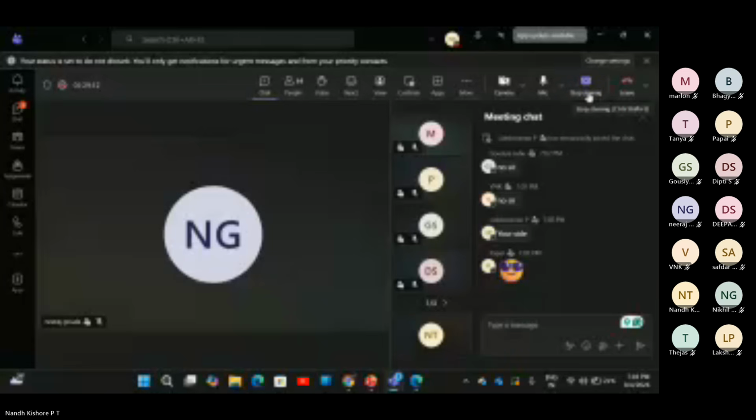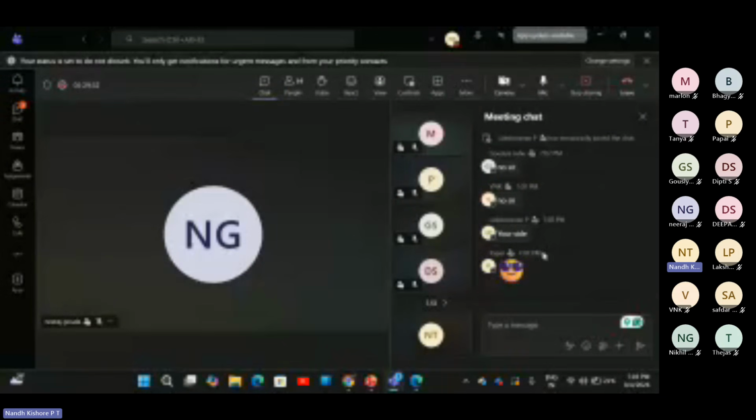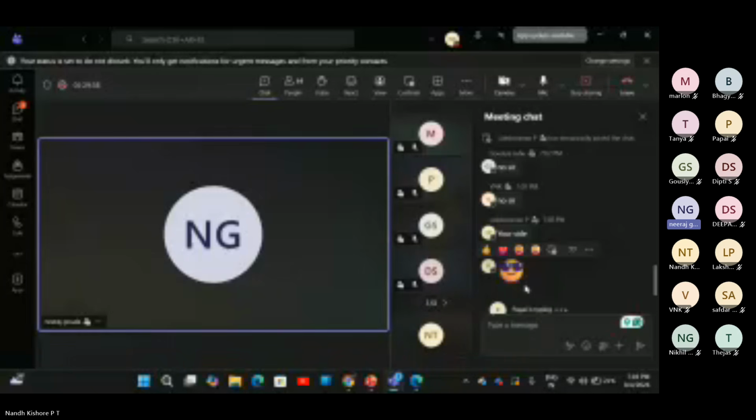Any improvements or still the same? Still the same, still the same.